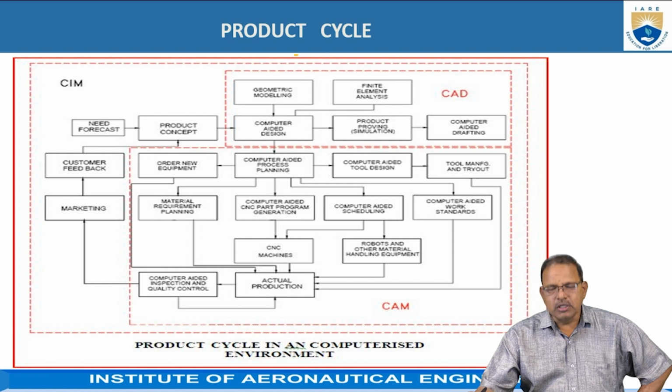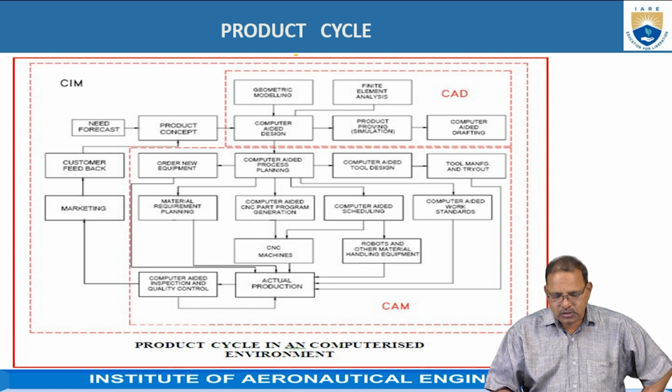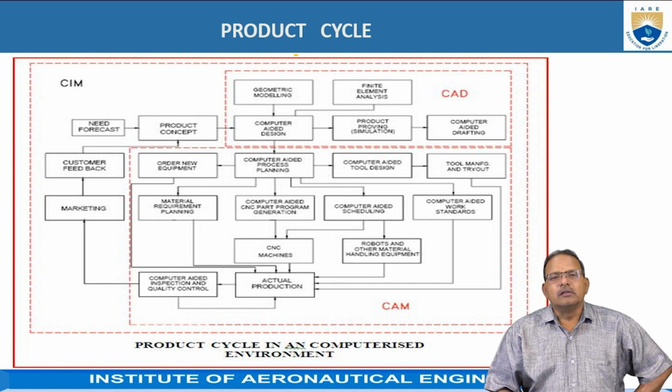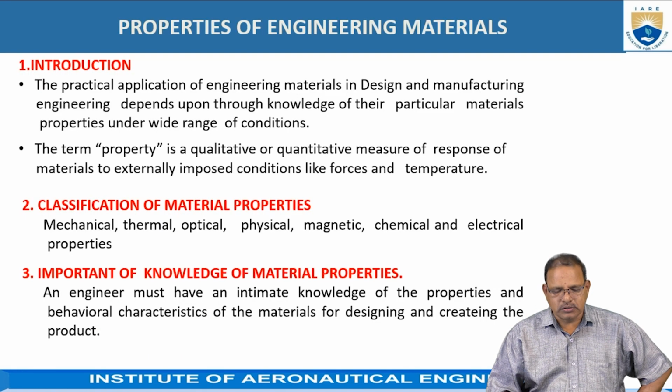Afterwards, it should be readily available. The time required in the machining process should also be very low. So here, the properties of the materials play a key role in designing a product.